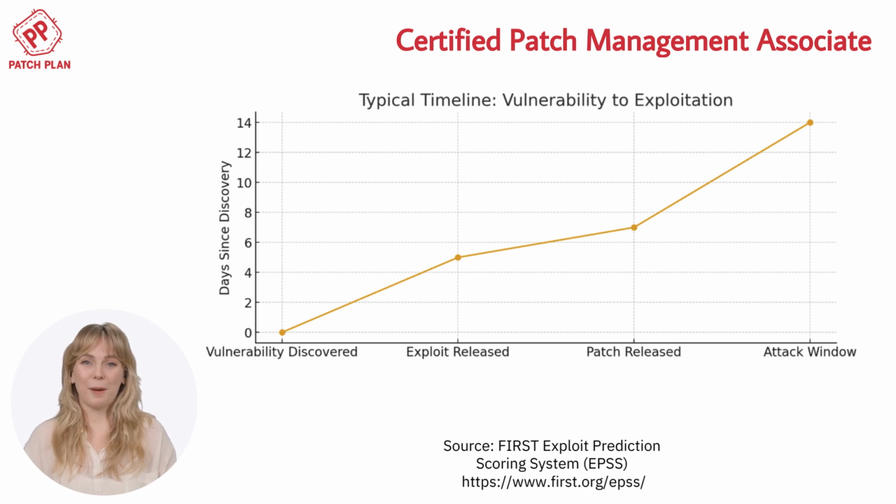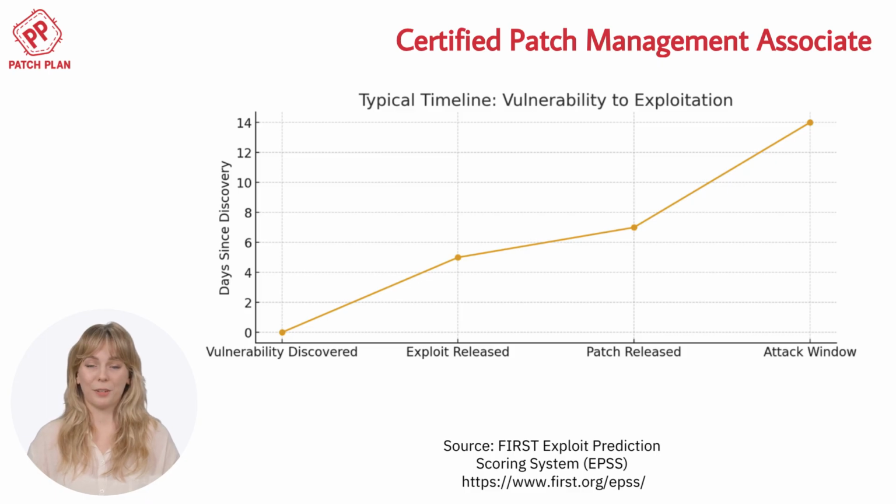This urgency is why patching speed matters so much. The longer an organization waits, the more likely it is that the vulnerability will be exploited in the wild. To help prioritize, the security community uses the Exploit Prediction Scoring System, or EPSS.